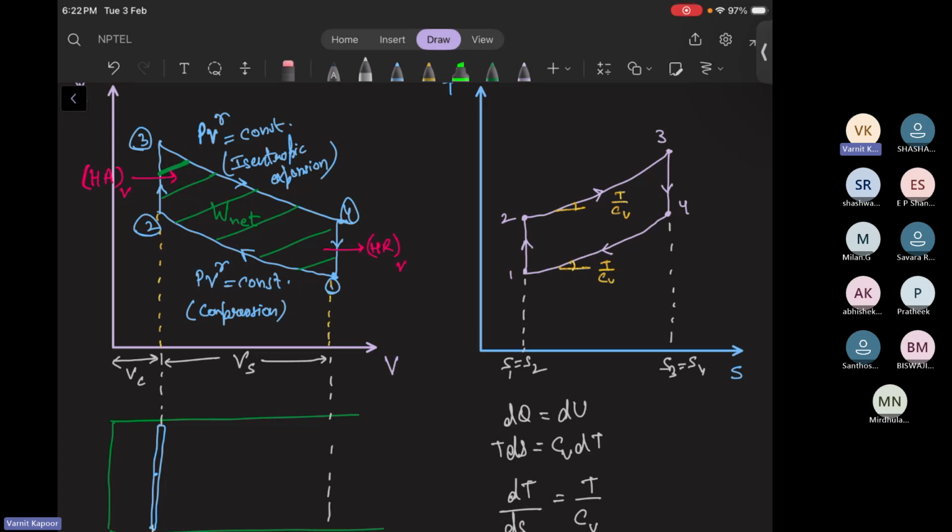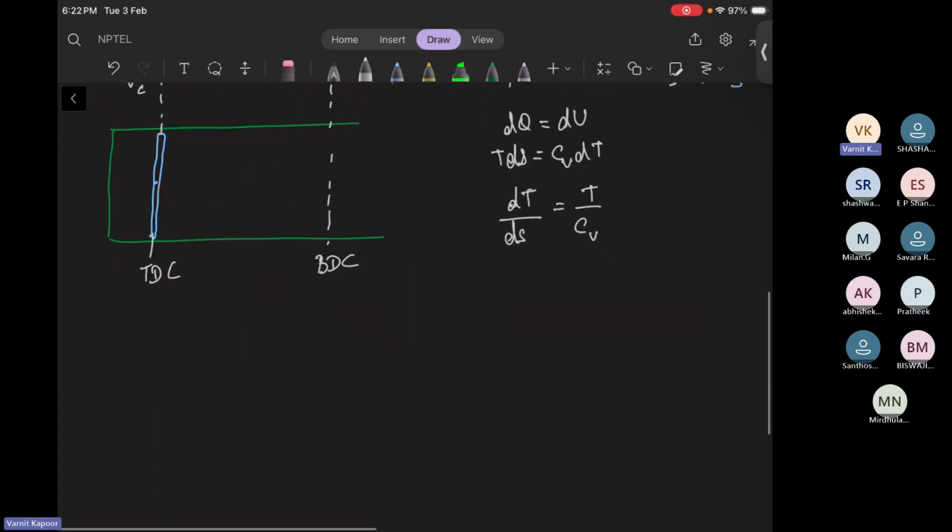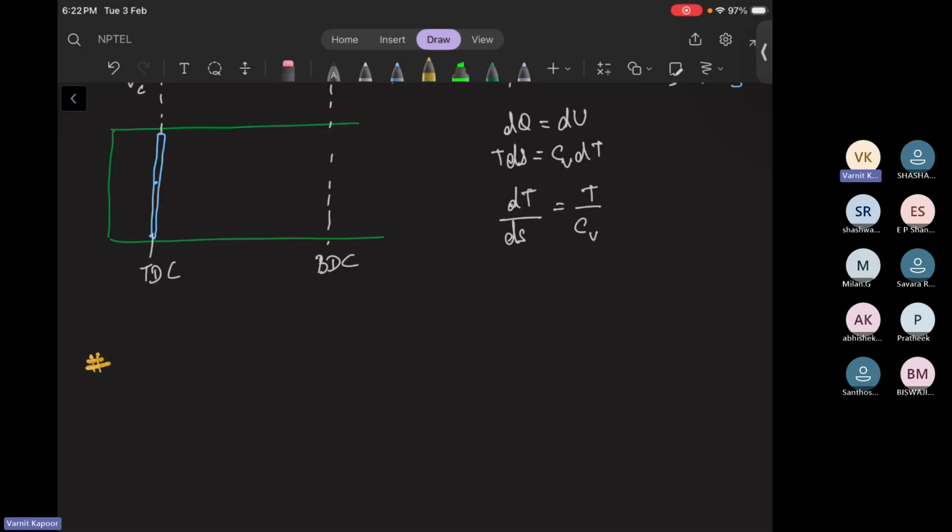Okay. So I'll write a few points about heat addition and heat rejection. Heat addition is basically the internal combustion which is happening. That is, you are providing a combustion when you are spraying the air fuel mixture inside the cylinder and providing a spark. So internal combustion is modeled as a heat addition into the system from an external source.